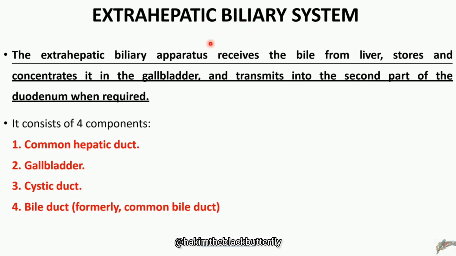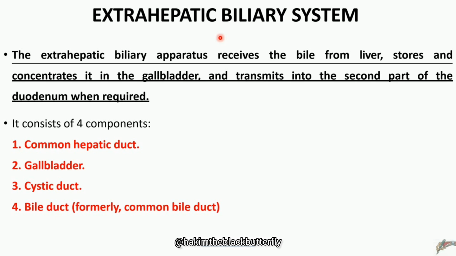We all know that the liver produces bile, as we learned yesterday. That bile leaves the liver through special ducts, and those ducts, we talked about them yesterday, the right and the left hepatic ducts.